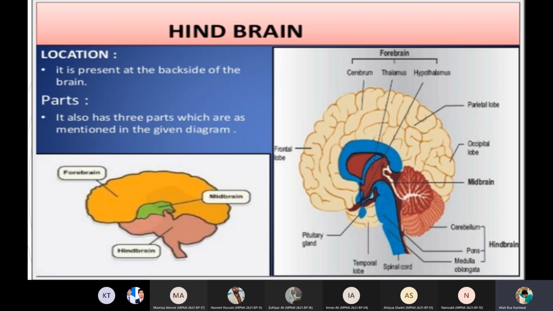So the hindbrain is the lower portion of the brain, and it also has three parts, as mentioned in the given diagram. The hindbrain has the cerebellum, pons, and the medulla oblongata. So these are the three parts of the hindbrain.